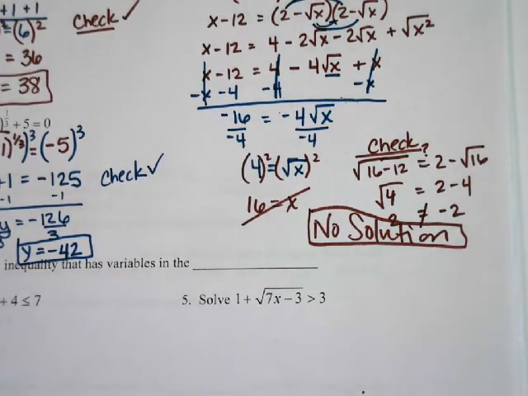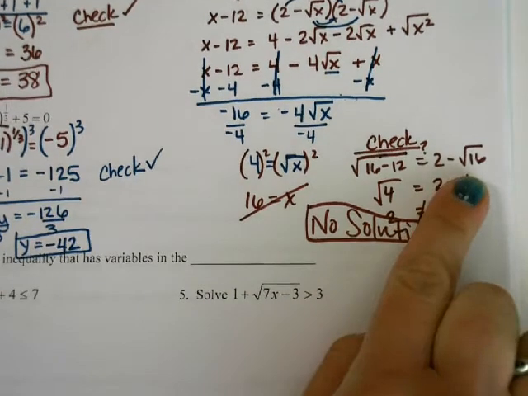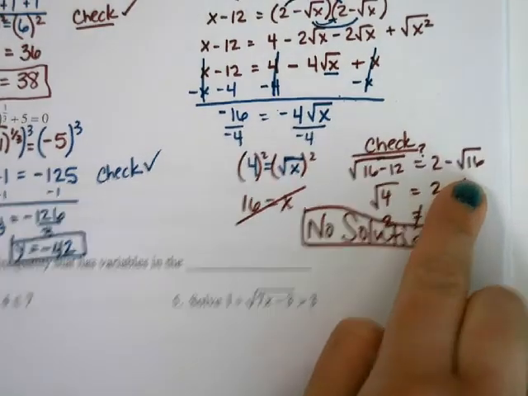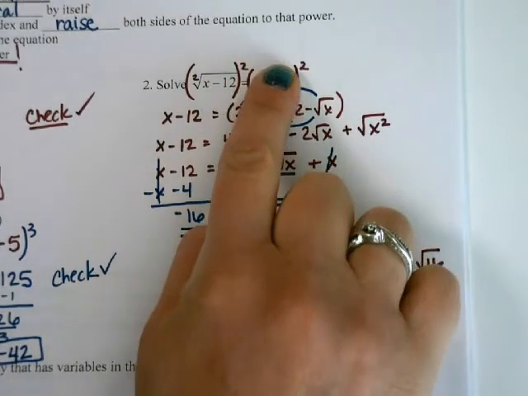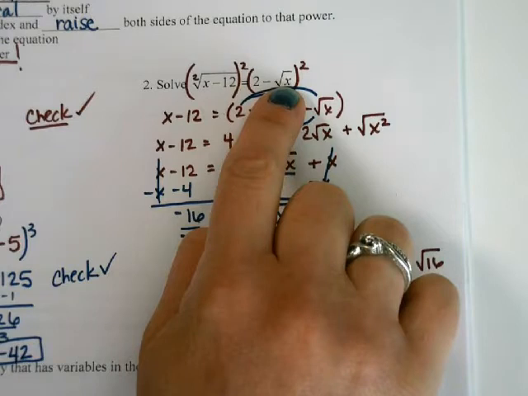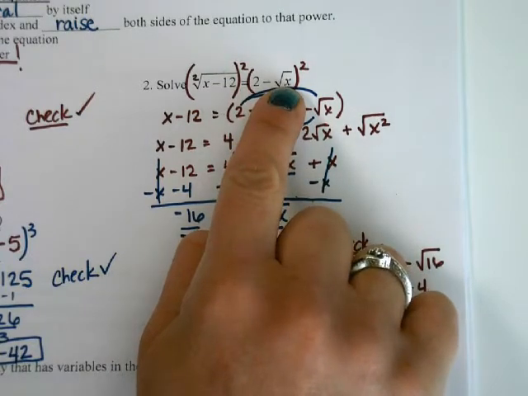Okay, questions on any of those? Okay, grab your worksheet. Yeah, go ahead. Wouldn't it work because negative 10 times negative 10 doesn't work? So be careful when I go to check it. So you're plugging it back in here. When I take the square root of this, I'm going to get 4.